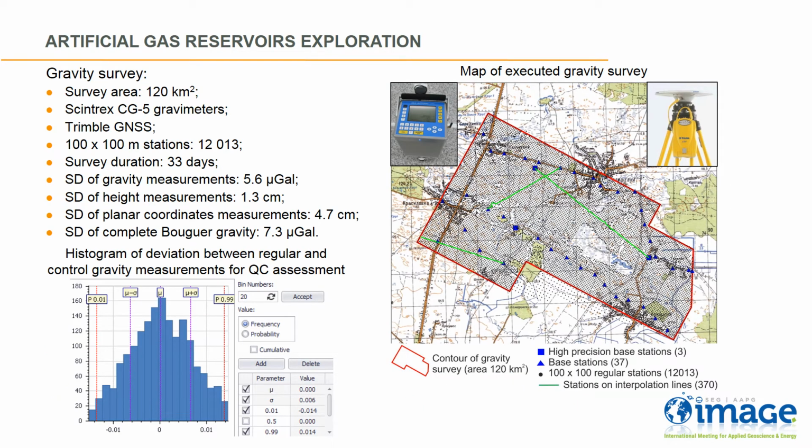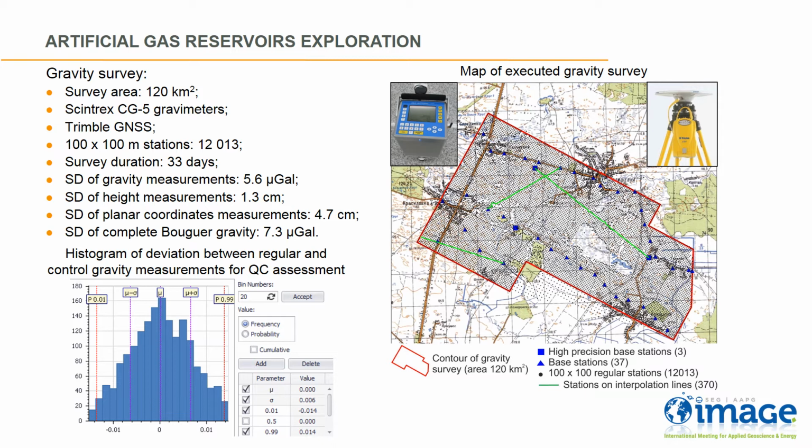High precision gravity measurements were taken within the whole area of interest, near 120 kilometers by 100 to 100 meters gravity station network. Modern gravimeters CG5 were used as well as modern GNSS by Trimble.